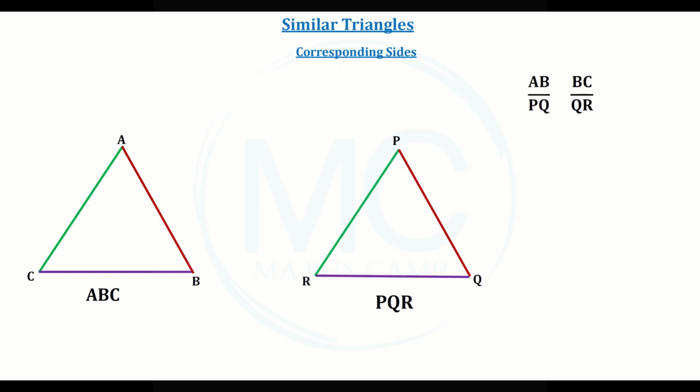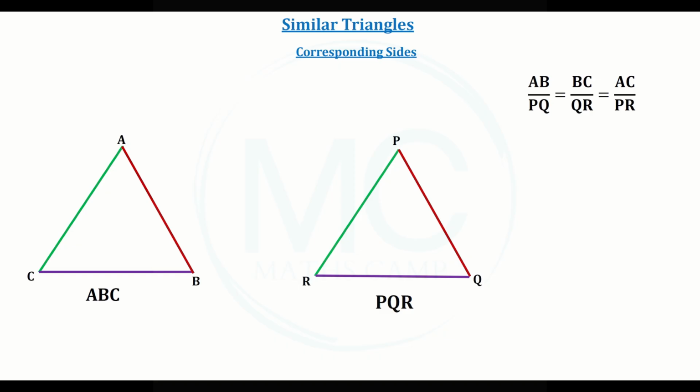AC is the third side, and PR is the corresponding side, so we write AC over PR. Now, if these sides are in proportion, then AB over PQ will be equal to BC over QR, which will be equal to AC over PR.